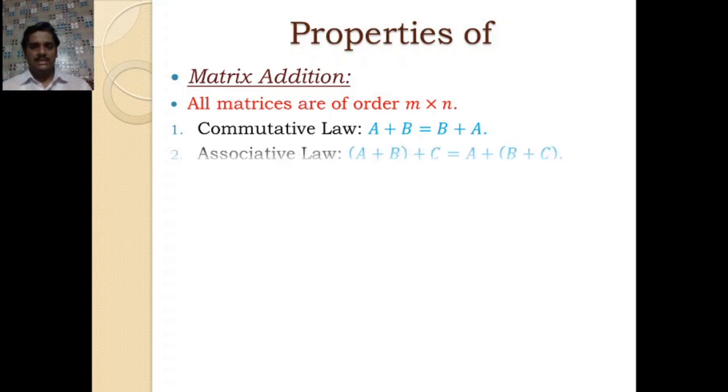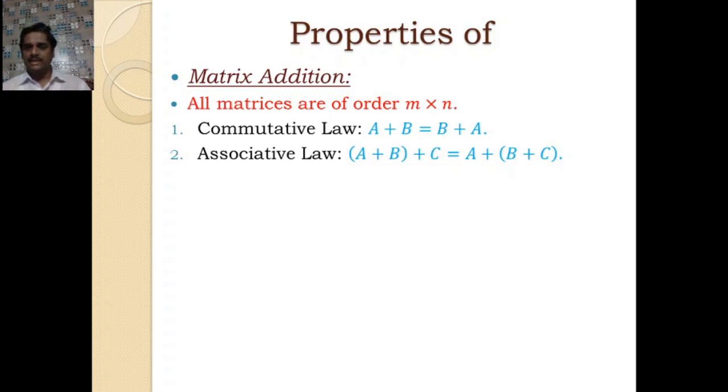Okay. The second property, the associative law. If you concentrate on the left side of this, I have (A plus B) in a bracket plus C. What it means is, A plus B will be performed first and whatever you get will be added to C. And let's come to the right hand side.